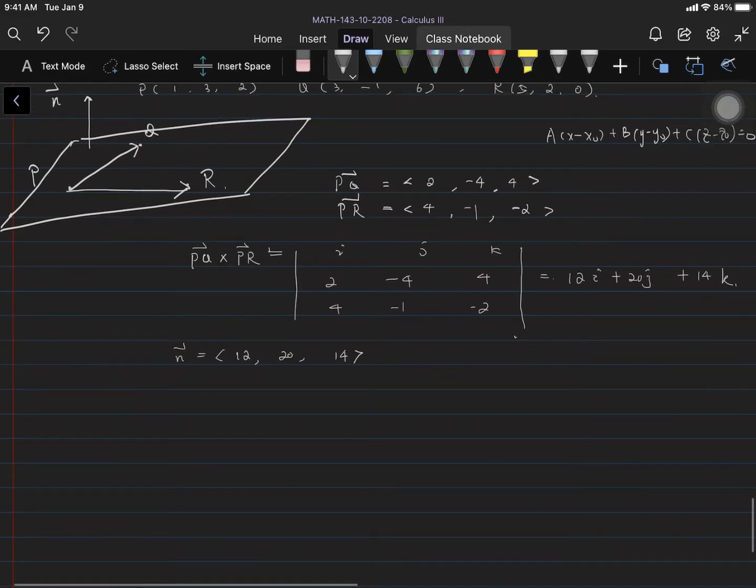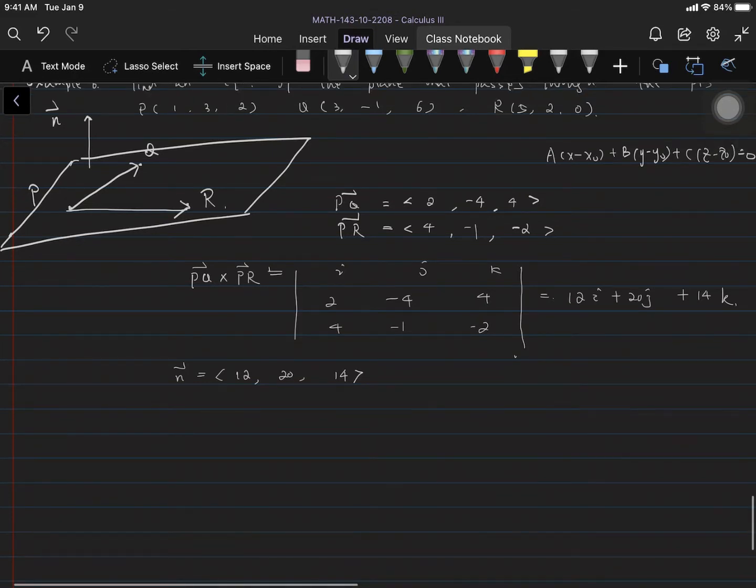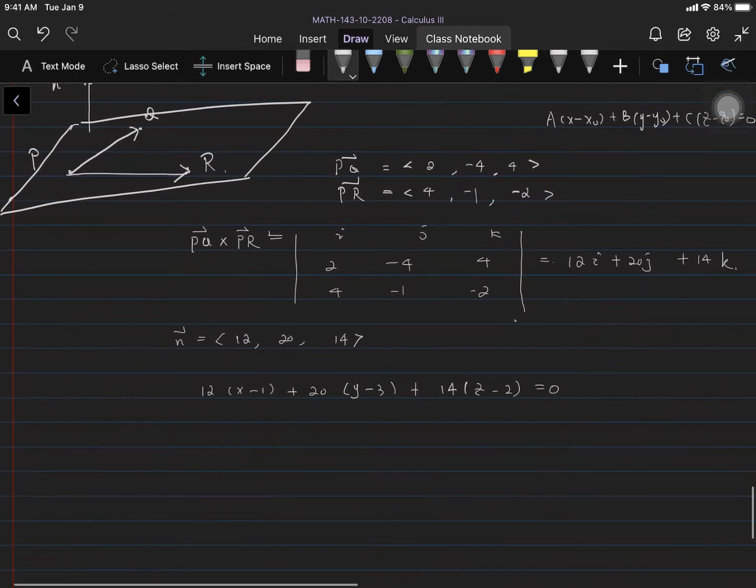Next, you can pick any point as the point (x0, y0, z0). It doesn't matter too much. Here I pick the point P. So it's 12(x - 1) + 20(y - 3) + 14(z - 2) = 0. No matter which point you pick, after we simplify, the general equation will be the same. So this is the solution of the plane.